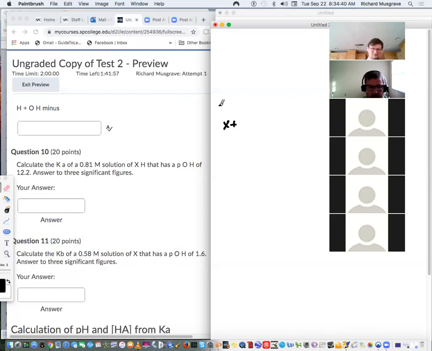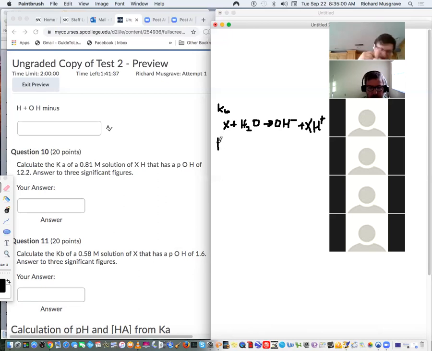Now this is Kb, which means we definitely know we're going to need H plus, sorry, OH minus. And that's why we're adding in the water. So we get OH minus, and the other species that we get as a result of that will be XH plus.